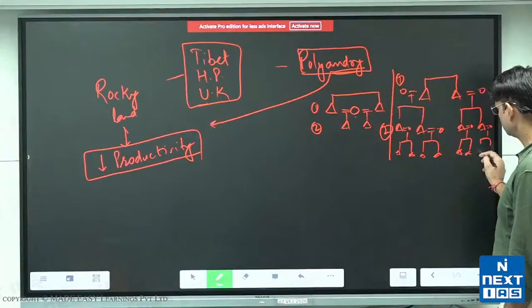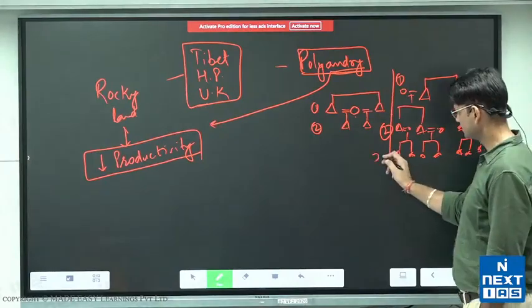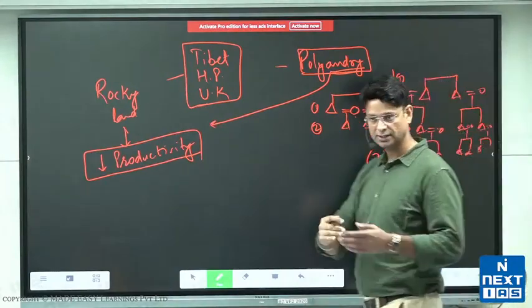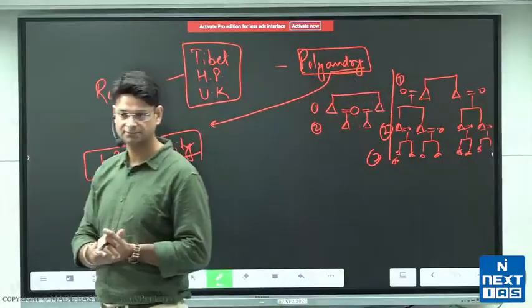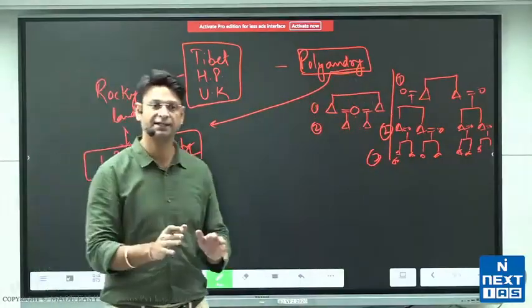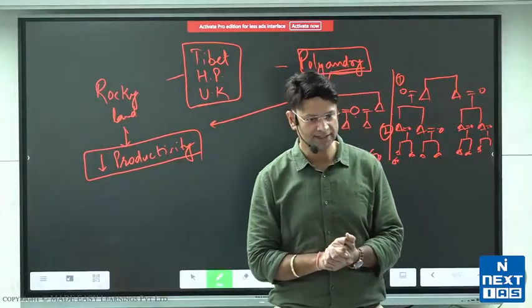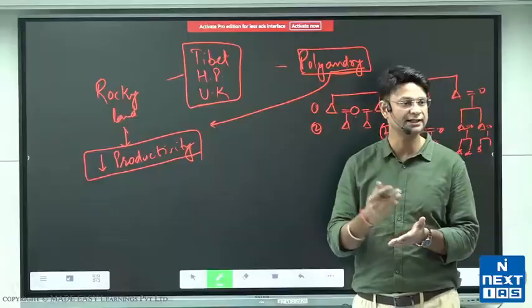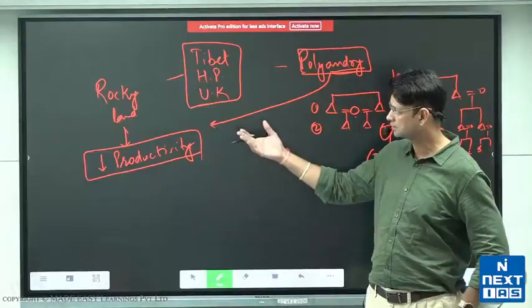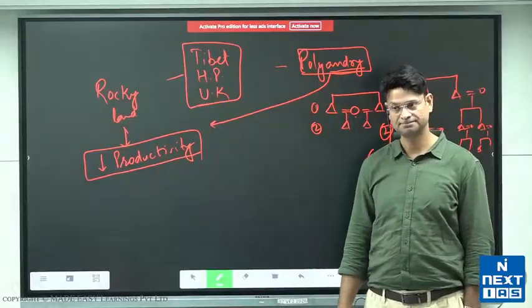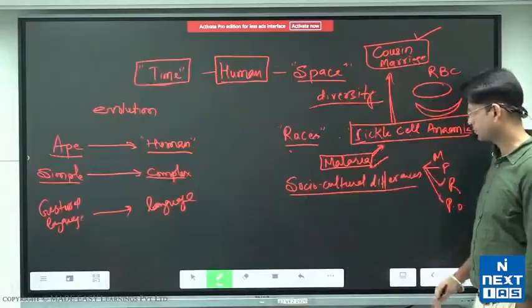I'm just taking a hypothetical case. So in generation 3, we have 8, and generation after generation it is exploding. So polyandry is an adaptation to the environment. Why did some societies practice it in the Himalayas, in hilly terrain, in rocky terrain? Because it helped them to adapt. Understood?